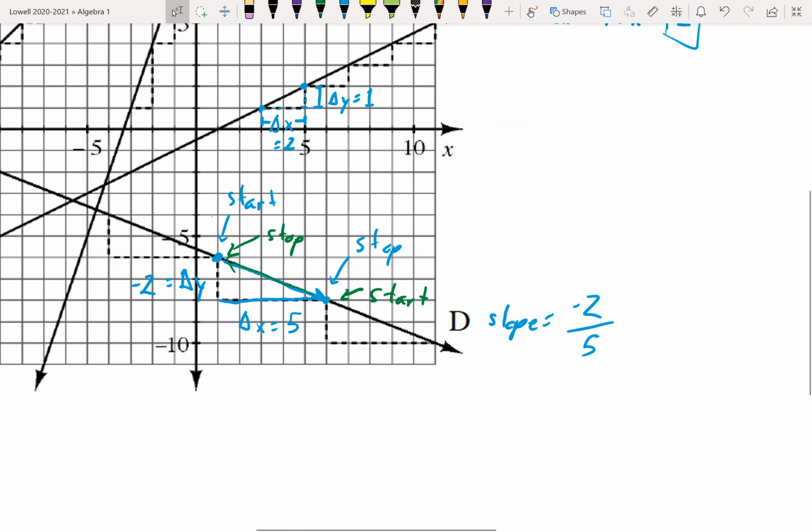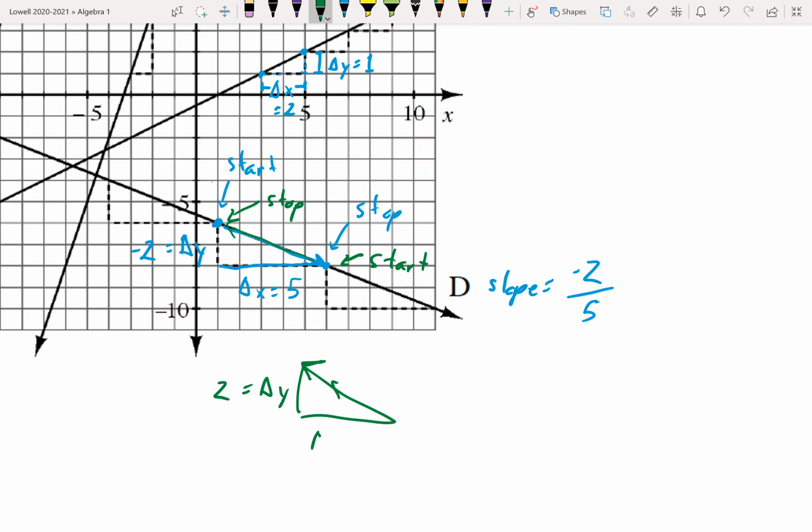So actually, I'm going to blow this one up down here. So let's say I went that way. Well, in this case, we actually went up 2 this time. But since we're going right to left, our change in x would actually be -5 because we're going backwards. Essentially, we're going backwards in the figure number, almost like backwards in time.